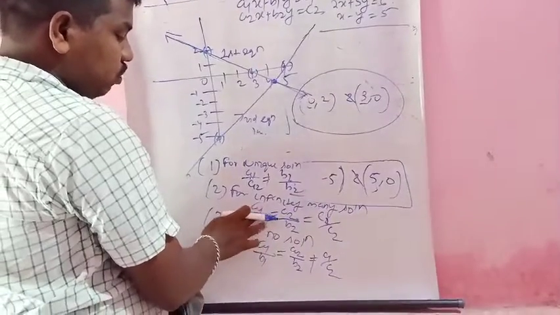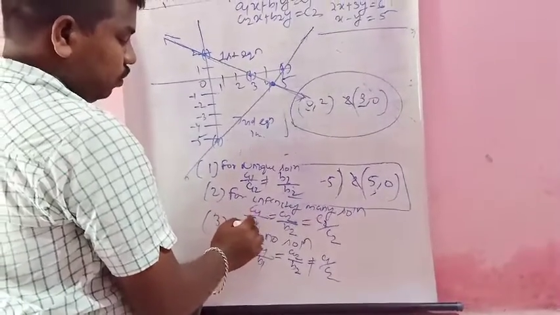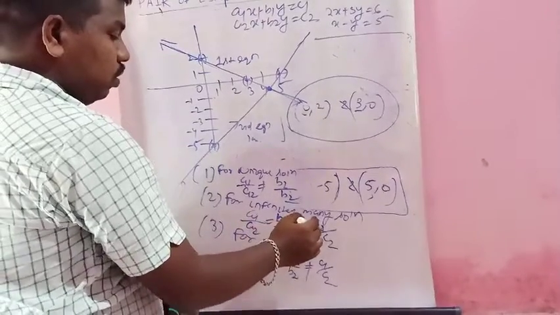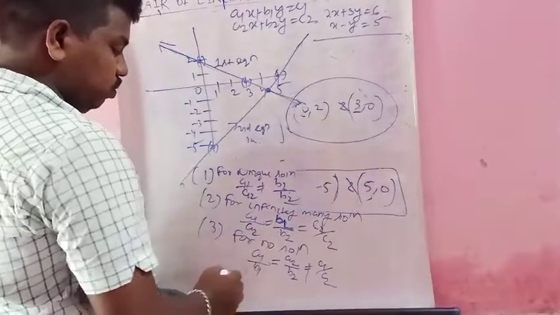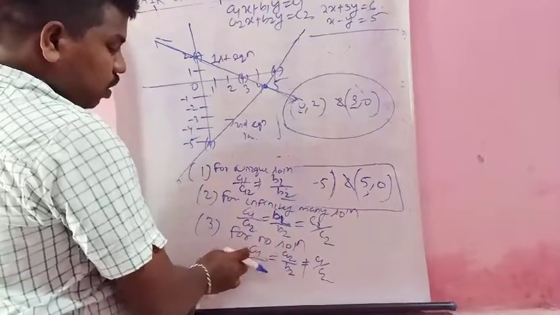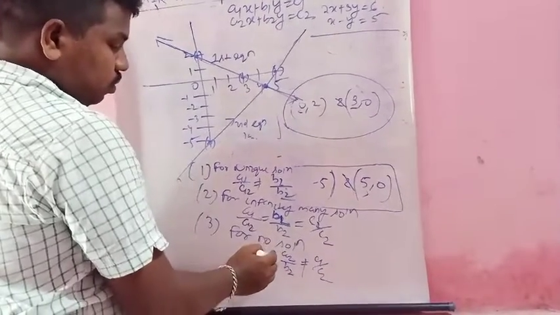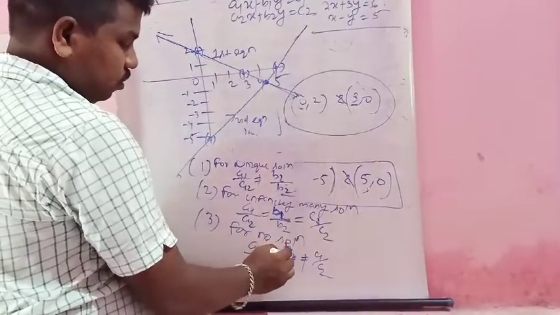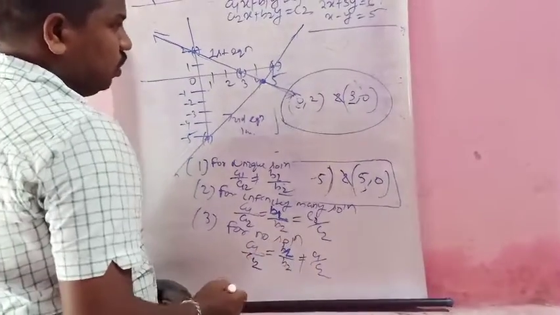For infinitely many solutions, a1 by a2 equal to b1 by b2 equal to c1 by c2. For no solution, a1 by a2 equal to b1 by b2 not equal to c1 by c2.